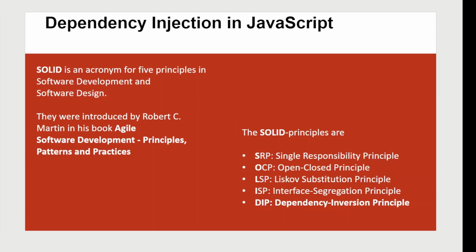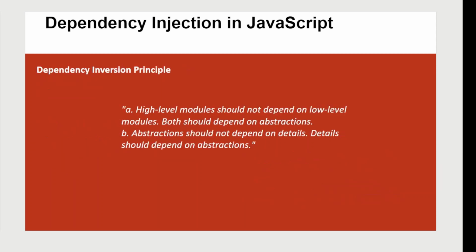So let's talk about the dependency inversion principle, which is part of the SOLID principles. The dependency inversion principle helps with coupling dependency. It states that high-level modules should not depend on low-level modules. Both should depend on abstractions, the high-level and the low-level modules. And abstractions should not depend on details.